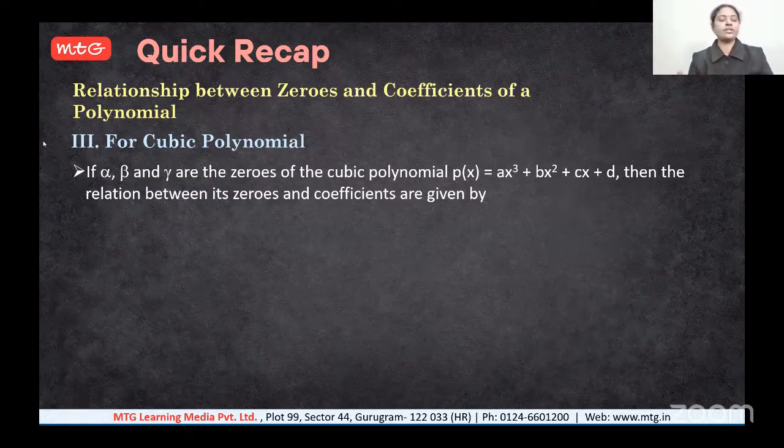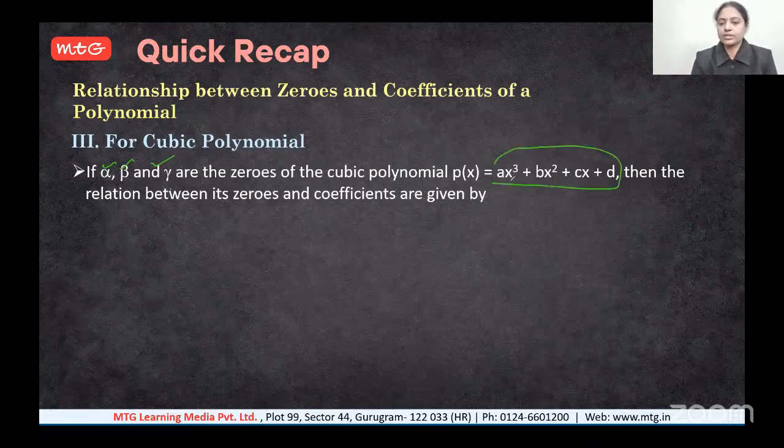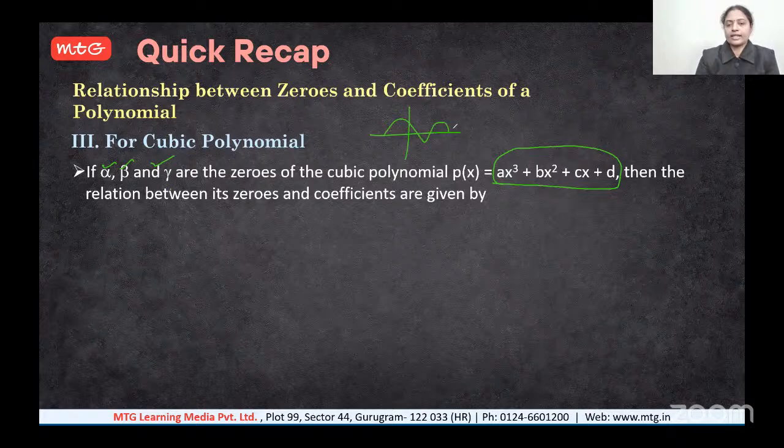Let those three zeros be alpha, beta, and gamma. And your cubic polynomial is ax cube plus bx square plus cx plus d. Whatever graph you get, it will cut the x-axis at 3 points: 1, 2, 3.